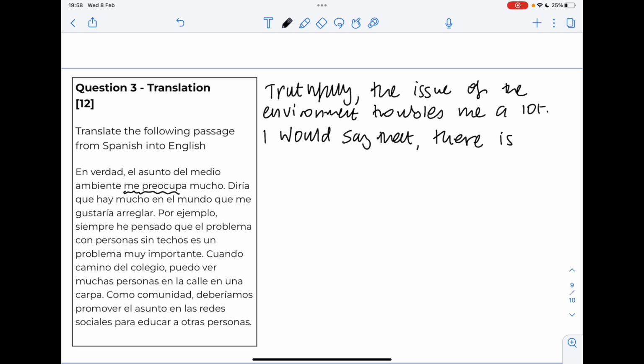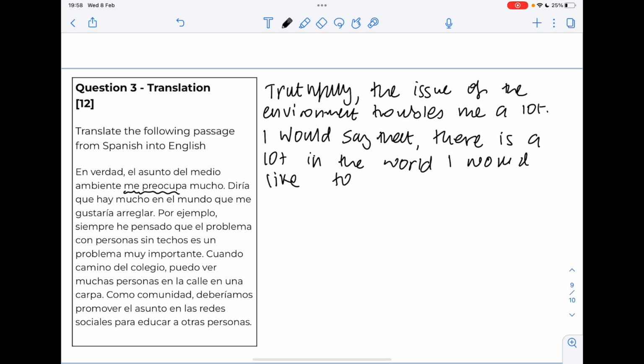En el mundo means in the world. There's a lot in the world that I would like to fix. Arreglar, the infinitive form there, you should be able to see that it's a to. Something that comes with to in front of it.